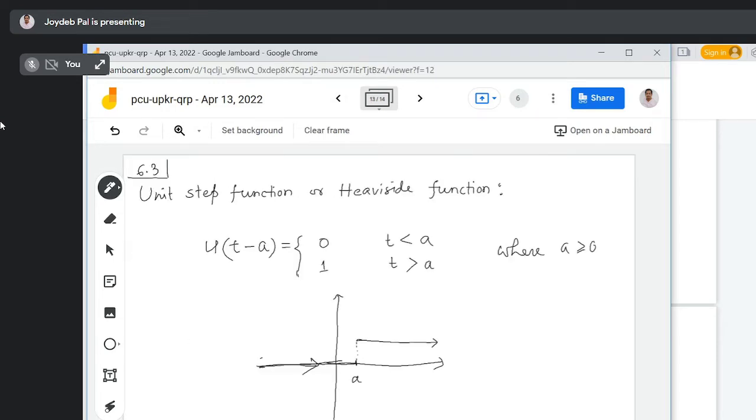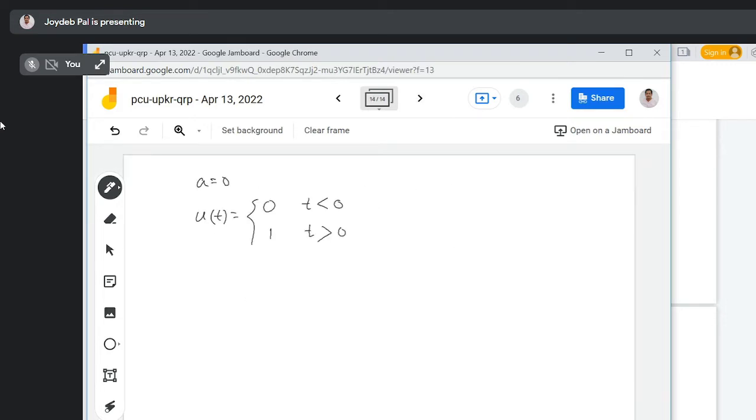If we take a equal to 0, in that case you can also plot the graph. The non-zero part starts from the y-axis, meaning the origin, a का वैल्यू 0, and that height is 1. Okay.